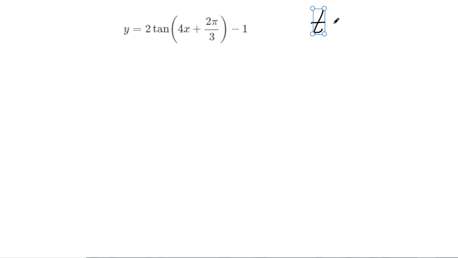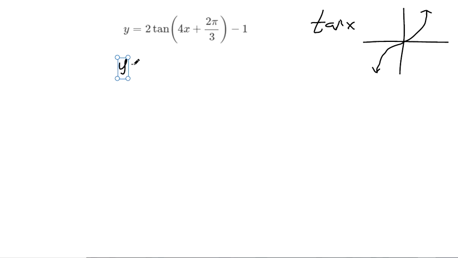We said tangent of x originally looks like this for a graph, right? So this had a phase shift done to it, and it's been shifted vertically down 2 units. Okay, so to figure out where we've ended up, we actually have to rearrange a bit, because the phase shift is found after you factor out the coefficient of x.